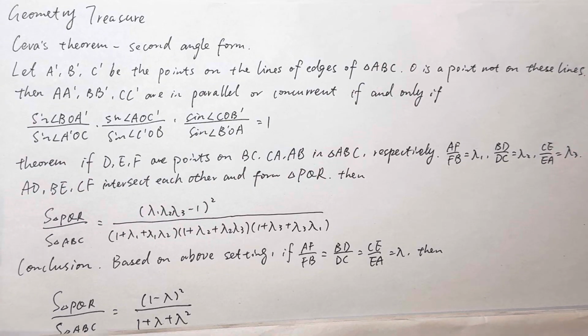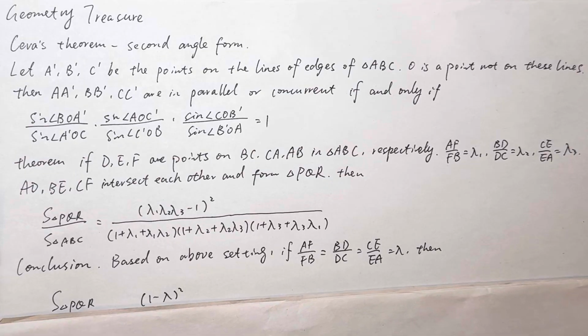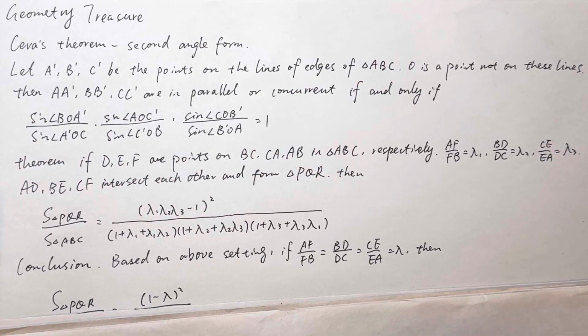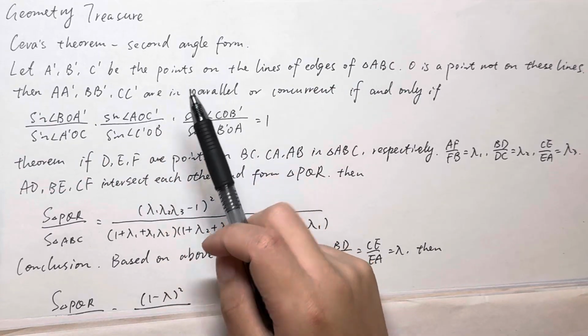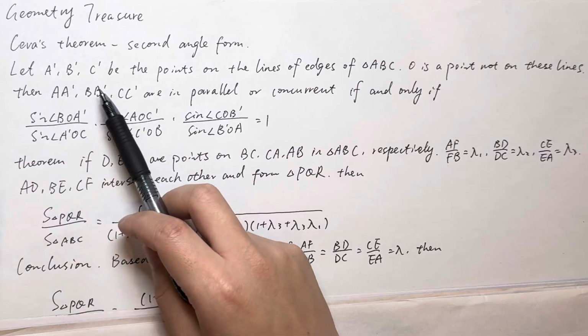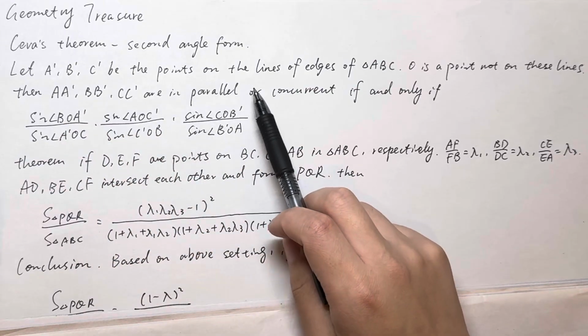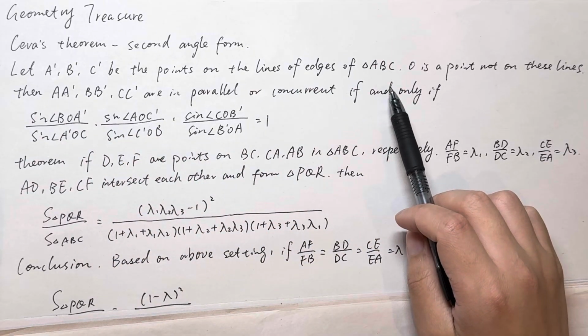In the last video, we talked about the Menelaus theorem, the generalization of the Menelaus theorem, and the second angle form of the Menelaus theorem. In this video, let's continue to the Ceva theorem. First, we talk about the second angle form. Let A prime, B prime, C prime be points on the lines of the edges of the triangle ABC.